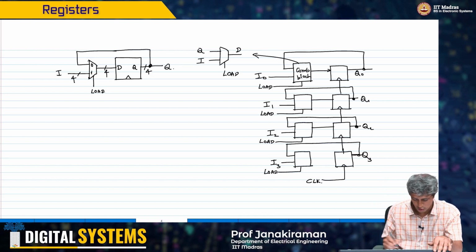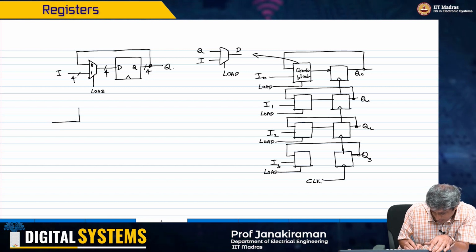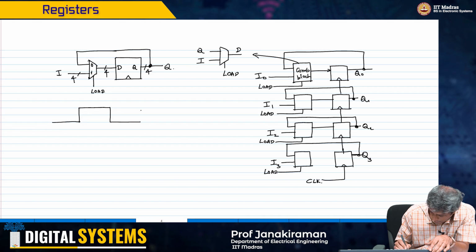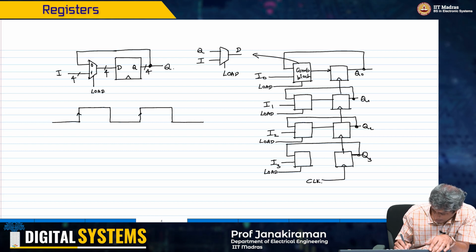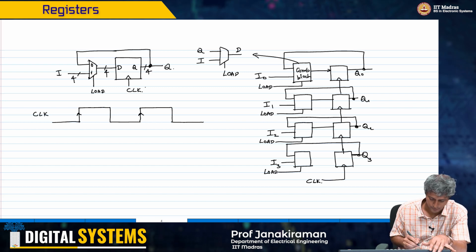And now it's also interesting for us to look at the timing diagram of such a circuit. This is the sampling edge, right, and this is the clock, by the way, here, right.